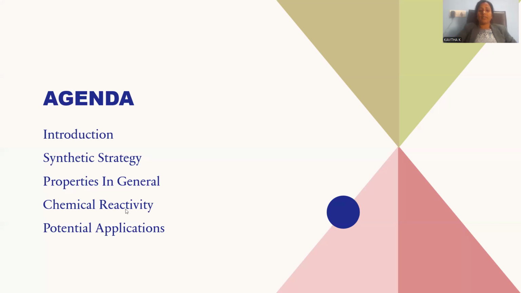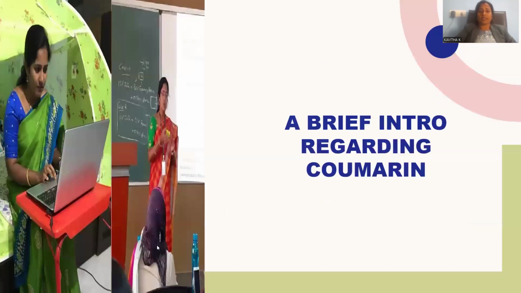And whenever it reacts with various chemical reagents, what could be the susceptibility for chemical reactivity in order to transform the chemical skeleton of the compound. Eventually we will go for the potential applications in various fields, including pharmacological applications, material science applications, and agrochemical applications as well. So many potential applications are recorded for this compound, so the session we are conducting is most important in nature.